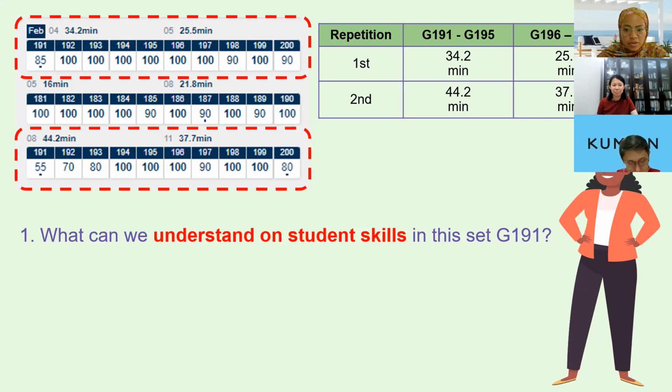And another one, just now I asked you whether students are able to write intermediate steps efficiently. But this time I want to ask you, is the student able to write intermediate steps accurately? About the verification skill, what do you think?